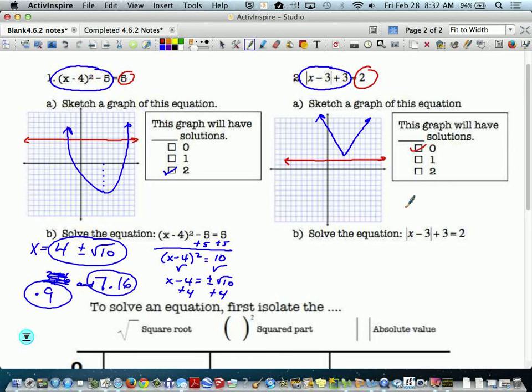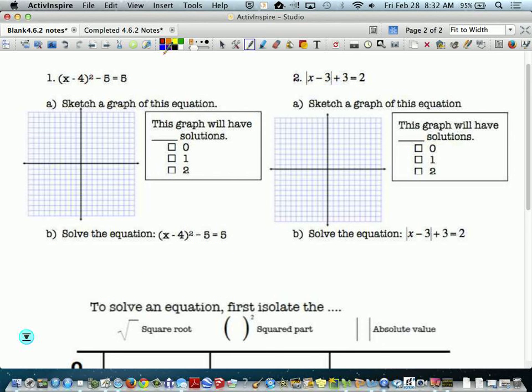I could switch the 3 to a negative number, or I could switch the 2 to a larger number. So for practice, let's go ahead and switch that to a -3.